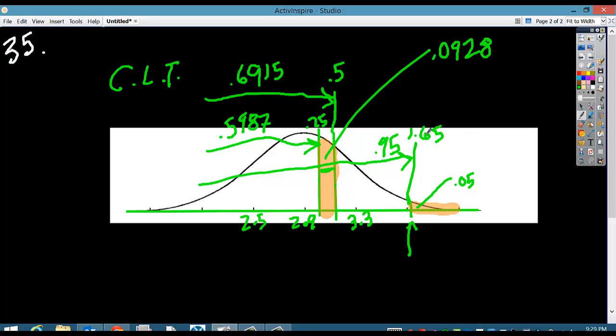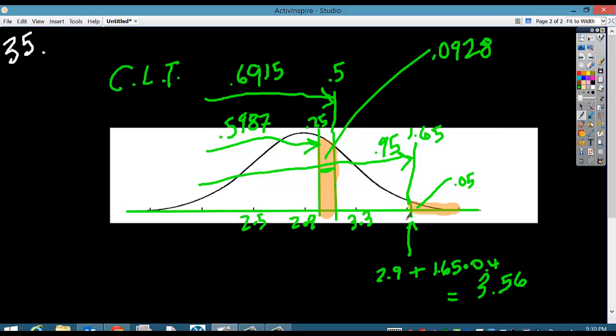This is 1.65 standard deviations away from the mean, or you should say greater than the mean, right? So that means that we take our mean, 2.9, and we add onto it this many standard deviations. So this much, the critical value, times the standard deviation, gives us 3.56.